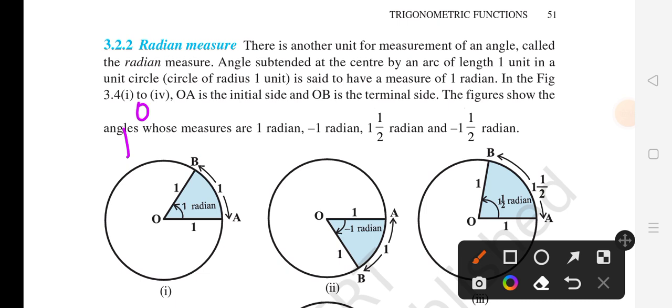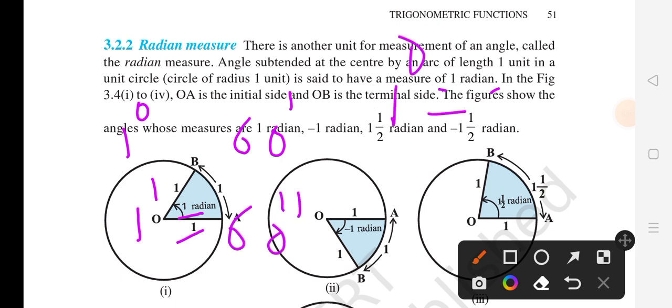Further, 1 degree is divided into 60 minutes, and 1 minute is equal to 60 seconds. We can write 1 degree equal to 60 minutes, and 1 minute equal to 60 seconds. And if we talk about 1 degree, then 1 degree equals 60 into 60 seconds we can write.